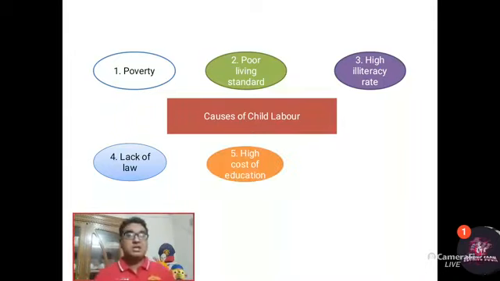Number five, high cost of education. In our country, primary education is free for all, but to continue education, it is not affordable. You have to pay money to receive education from the educational institutions.